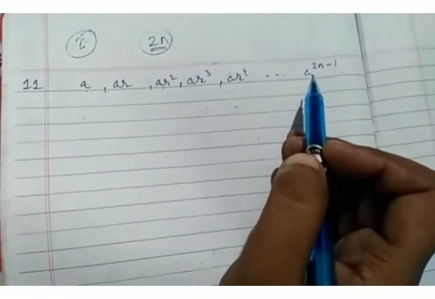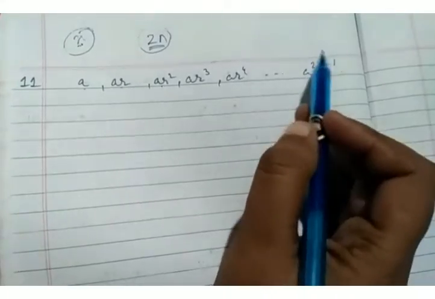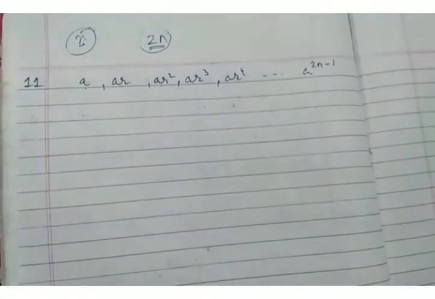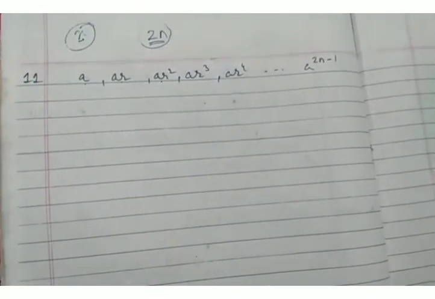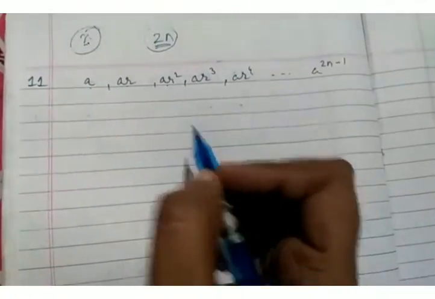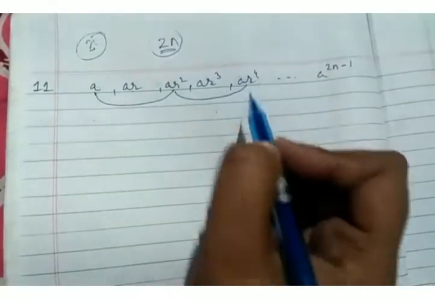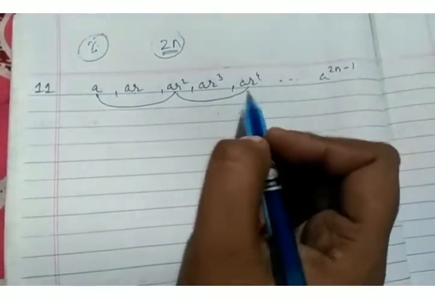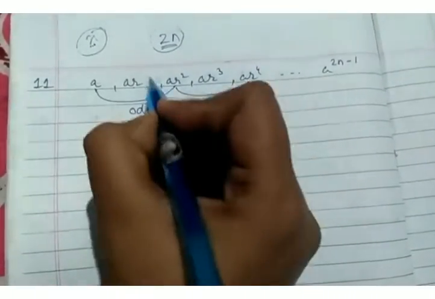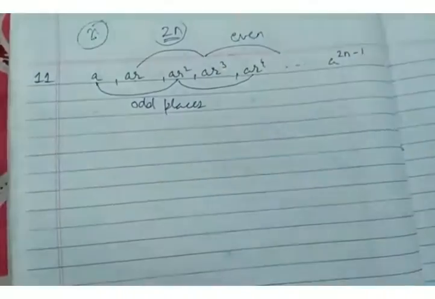Now in this case, how many total terms do we have? The last term has power 2n minus 1, and adding 1, we have in all 2n terms. That is, we have an even number of terms in this GP, where the first, third, fifth terms and so on occupy the odd places, and the second, fourth terms and so on occupy the even places.